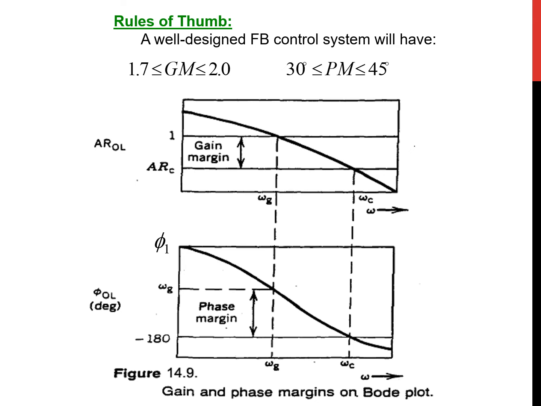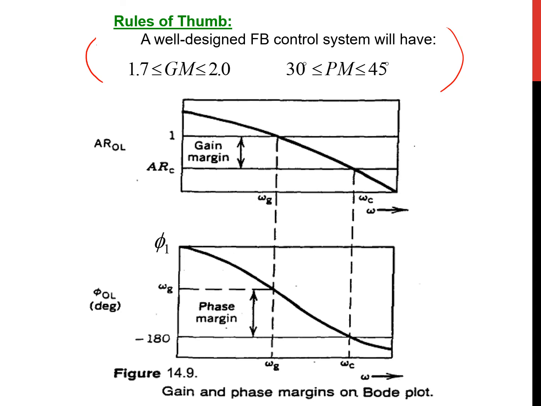And then here we have the well-designed feedback control system. Sometimes we can have a stable system by using the controller parameter, but can we have a good value of controller parameter? How do we know? We use this rule of thumb.